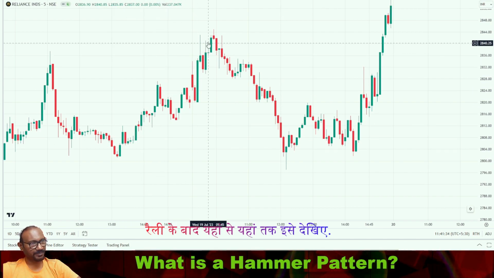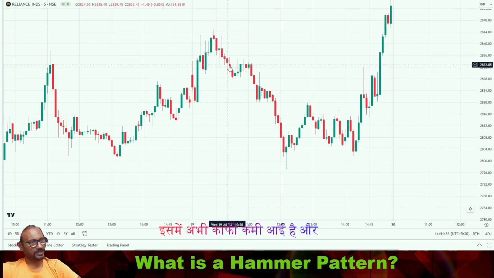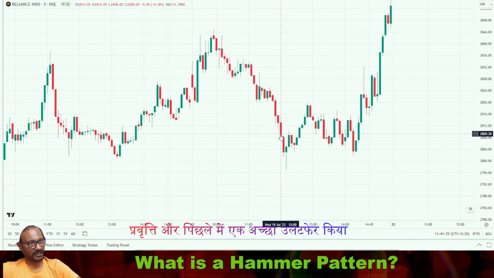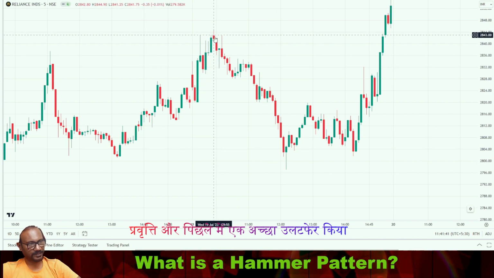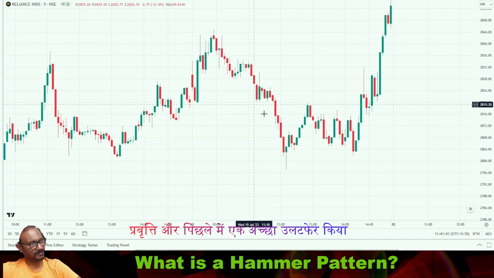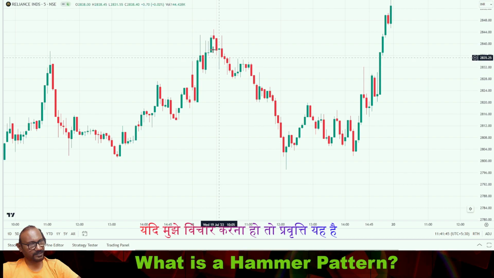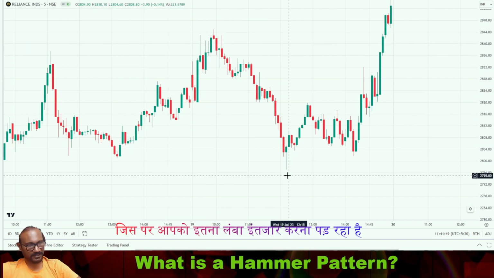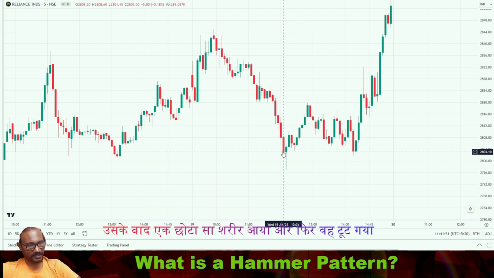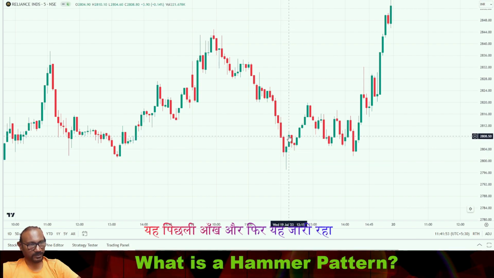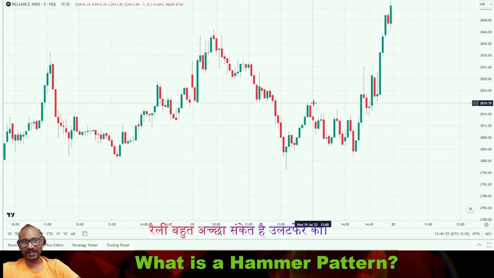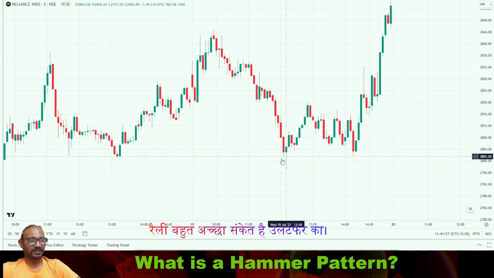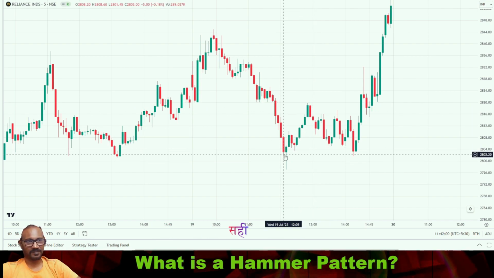After the rally from here to here, it has come down significantly and made a good reversal. And the previous trend, if I have to consider, is definitely bearish, on which you have this long wick followed by a small body, and then it broke this previous high and continued to rally up. So very good indication of reversal, right?